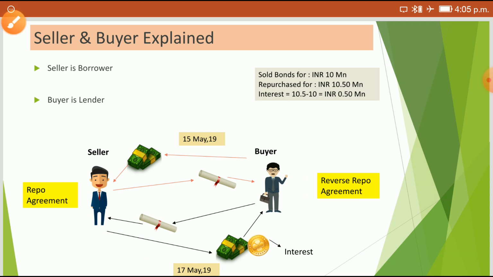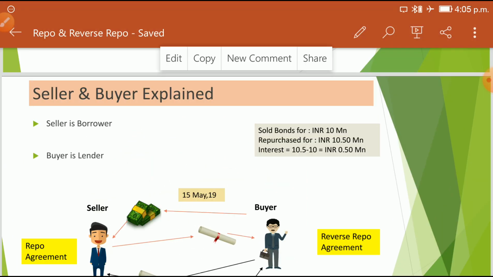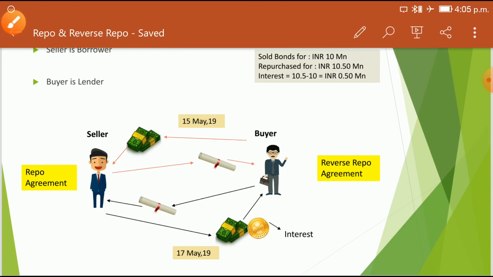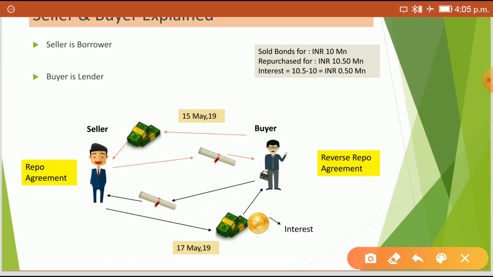In this way the seller was able to get a finance of 10 million rupees quickly, which is a benefit for him because he needed that money.